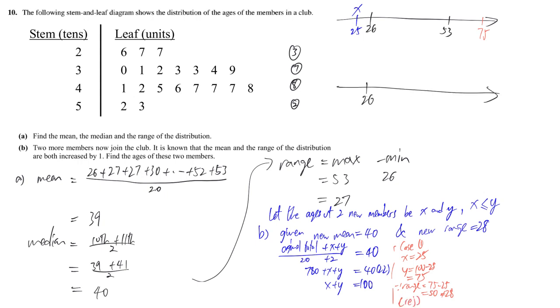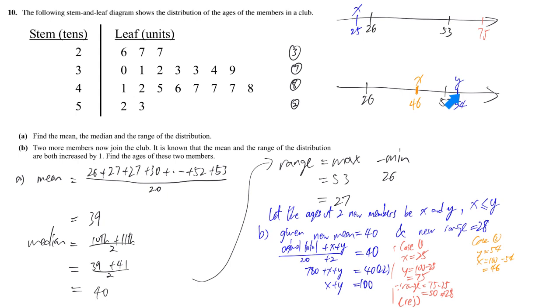Case 2, we just have another assumption. If it cannot be the new minimum, how about it being the new maximum? We are going to verify it. So this time I let the new value be 54. That means y is 54. Case 2, when y is equal to 54, x is equal to 100 minus 54 based on the mean. So therefore we have 46 here. 46 is approximately here.